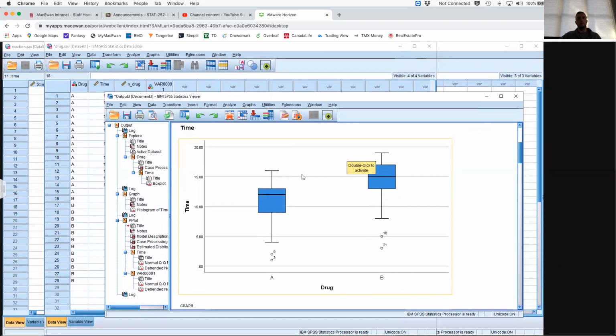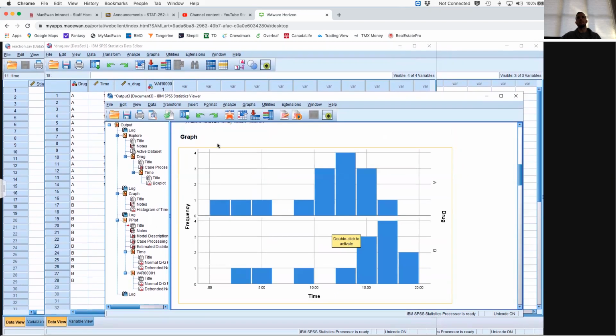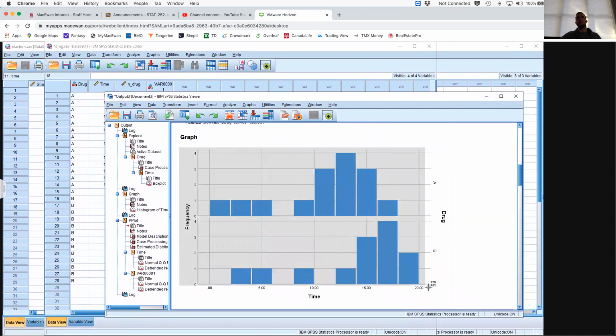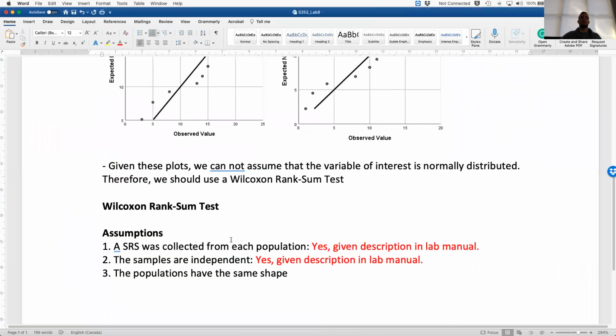So here are the box plots. And here is the shape.